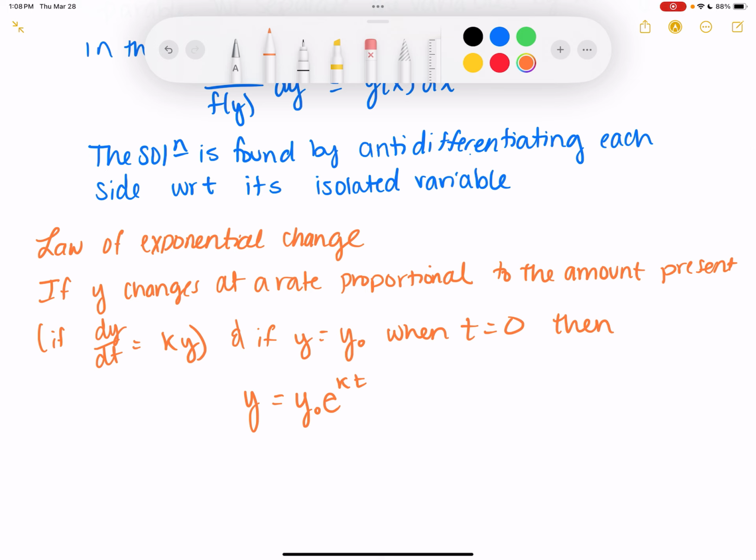And that makes sense, right? Because if t was 0, that would be e to the 0, which is 1, and then y would be equal to y sub 0, or y initial.